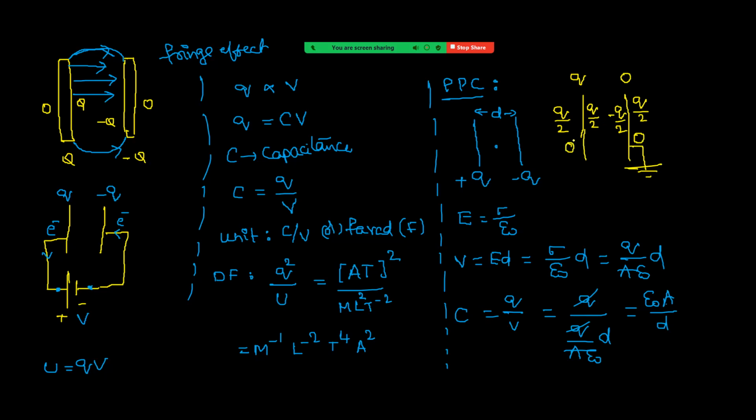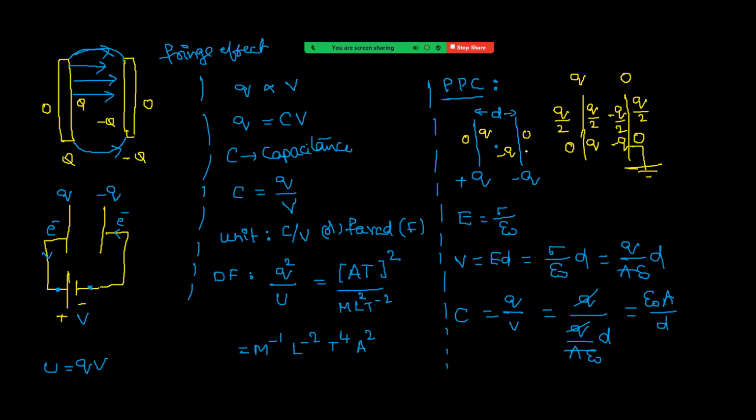So here also 0. Now for this, total charge is Q. So it must be Q inside and this becomes minus Q. Okay. Now see carefully here what happened. Here plus Q minus Q. Distribution is 0, 0, Q, minus Q.